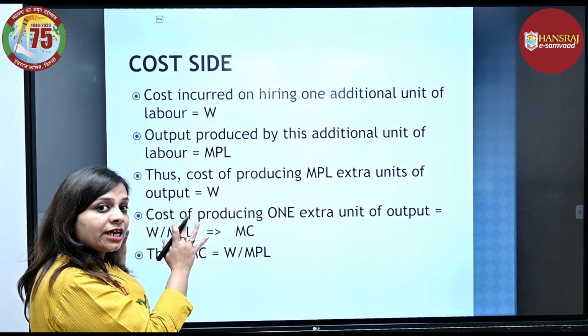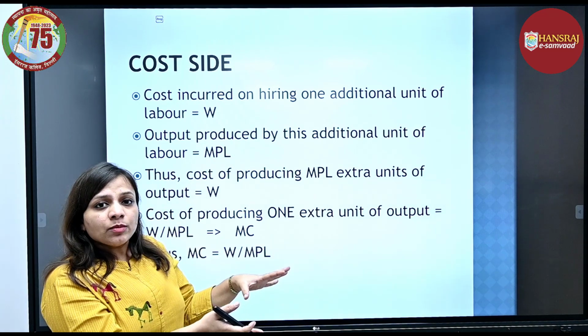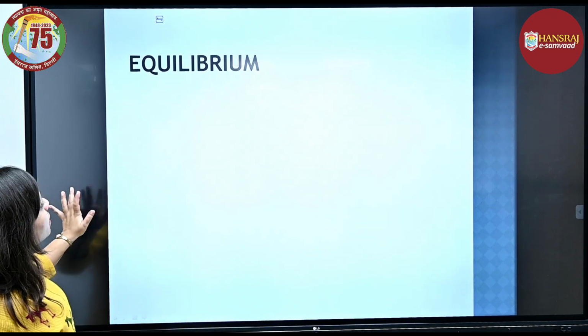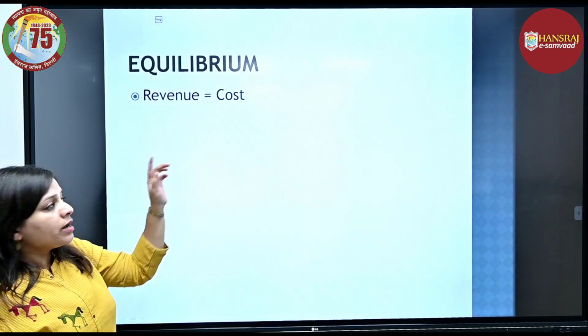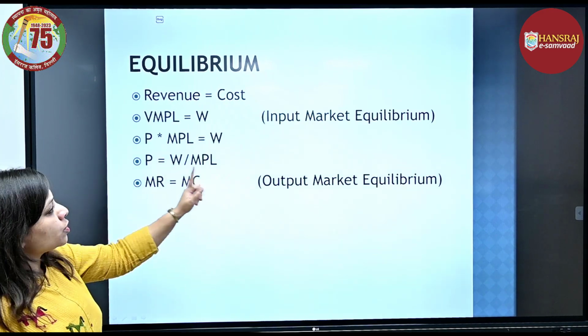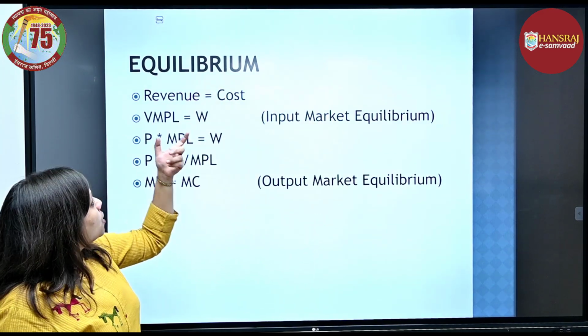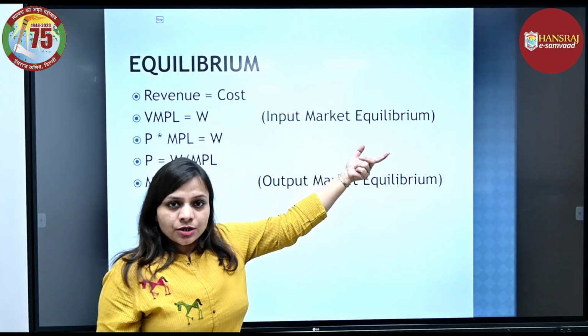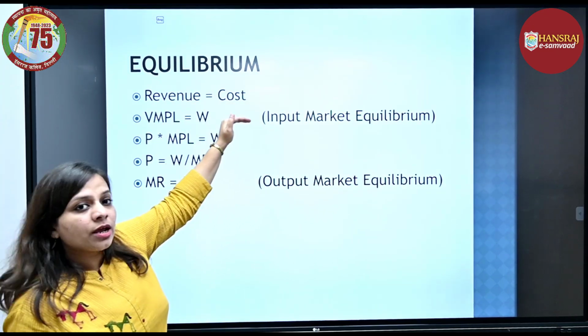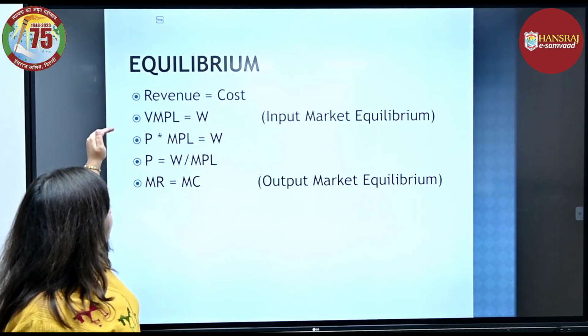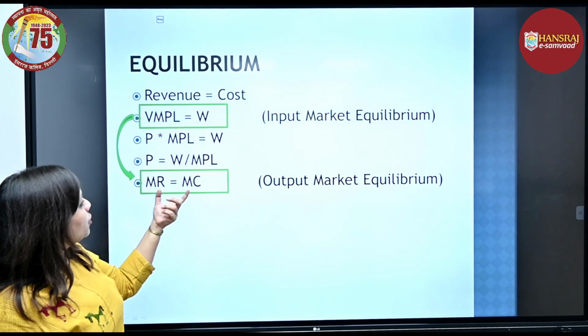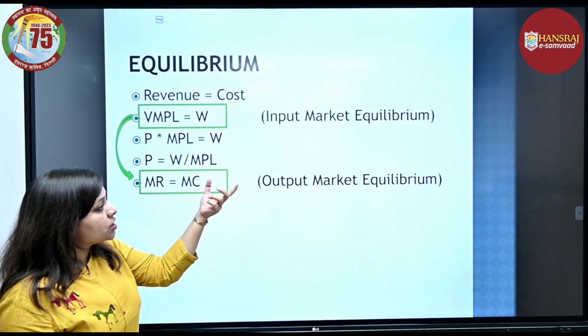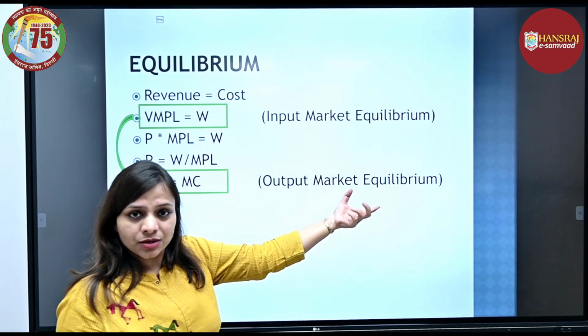So in the previous slide we studied revenue, in this slide we studied cost, and now I will bring both together, so I will get my equilibrium. Now, how did I get my equilibrium? VMPL is equal to W is the input market equilibrium. We started from here and we finally moved on to MR is equal to MC, which is the output market equilibrium.